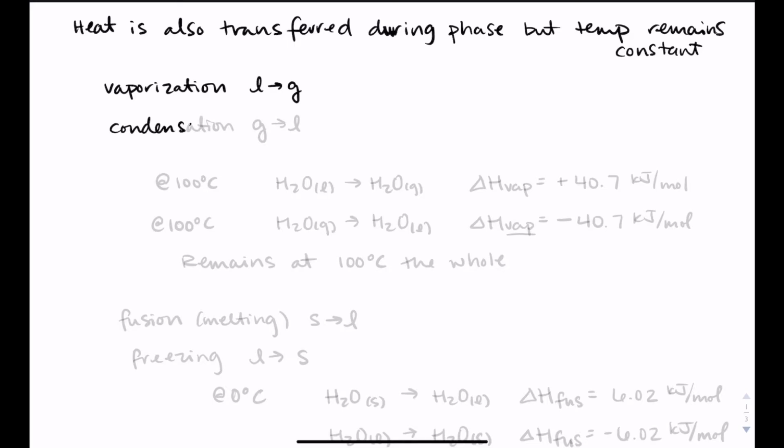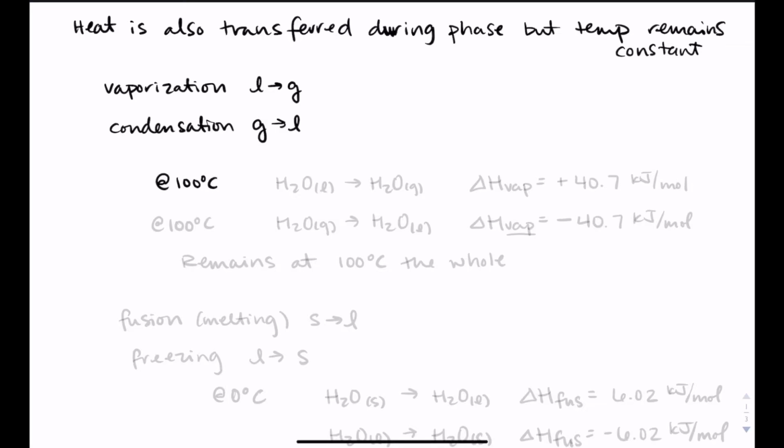And we have values. Now, we're usually just given one value. So at 100 degrees Celsius, which is the boiling point of water, to go from liquid water to water as a gas, the enthalpy of vaporization is positive 40.7 kilojoules per mole. This is a published value, something you could look up or something I would give you.